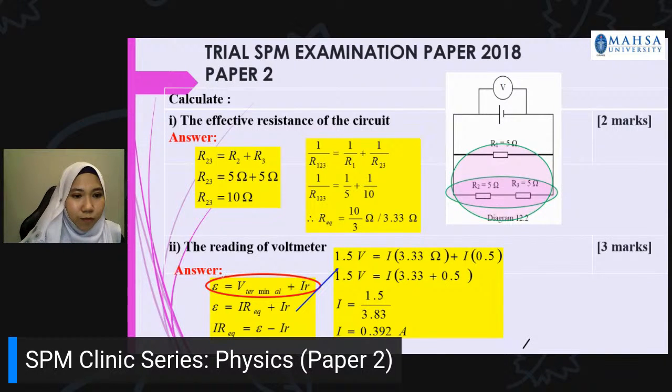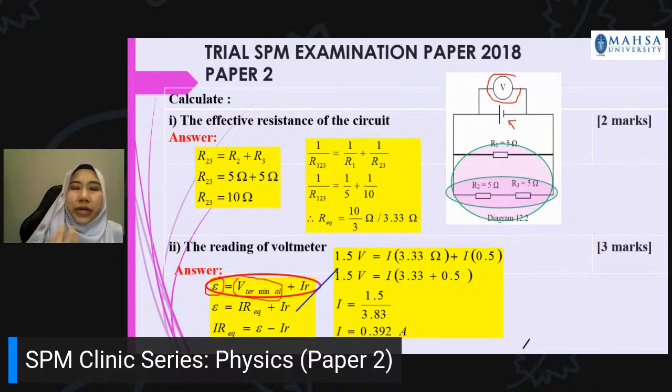The E refers to the value of your battery, and the V terminal is the value of the voltmeter reading here, and then Ir is the potential drop on your battery due to the internal resistance.